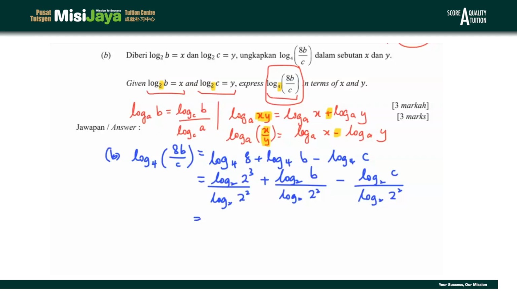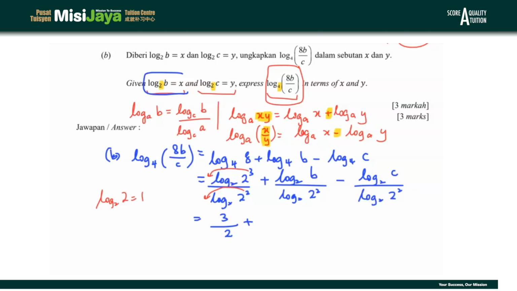Another law is, when you bring down the power, it becomes 3 log 2. Log 2 base 2 is actually equal to 1. So it will be 3, and then over the bottom one is 2, bring it down. It's also bring it down over here. And log 2 is equal to 1. So remember that. So the bottom will be 2.